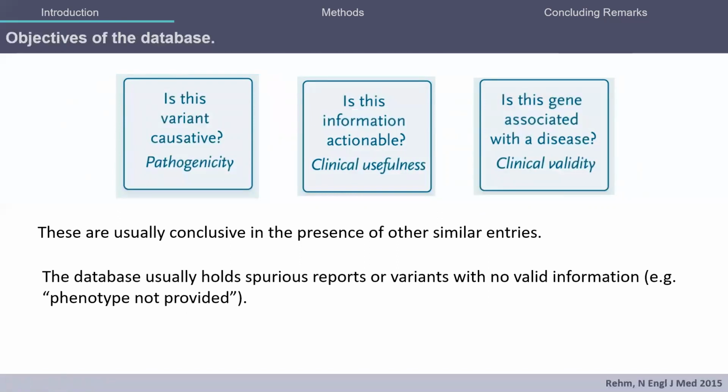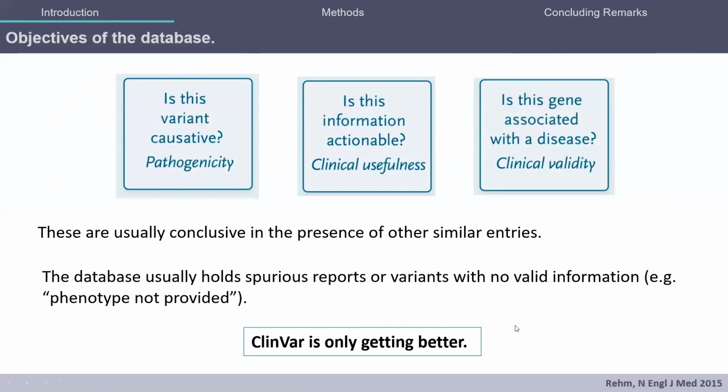Also, the database usually holds spurious reports of variants with no valid information. For example, there are some entries where the phenotype is not provided. So you can get pathogenic variants for phenotypes that you don't know. So, the database is quite popular among clinicians, but it's also known for these kinds of not well-addressed issues.